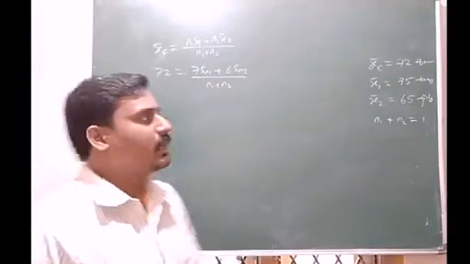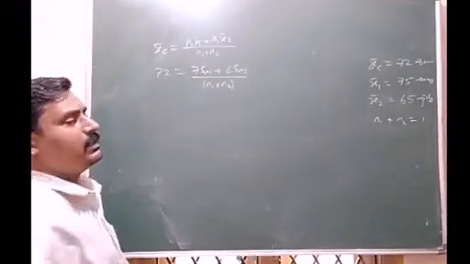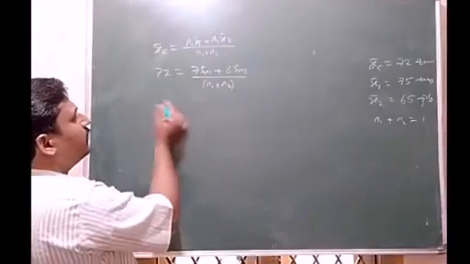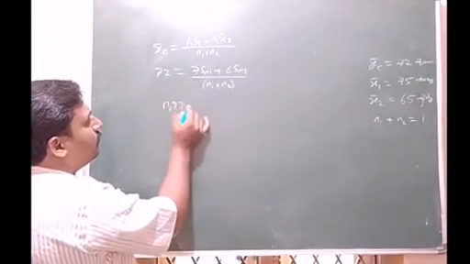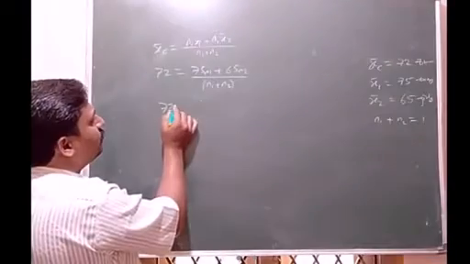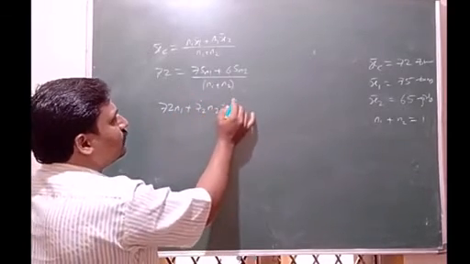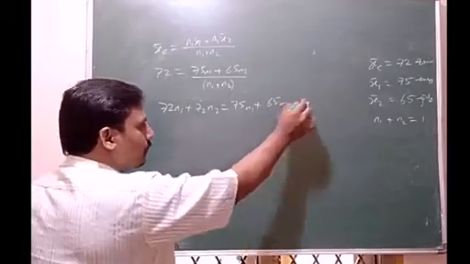Taking N1 plus N2 to the other side, it becomes 72 N1 plus 72 N2 is equal to 75 N1 plus 65 N2.